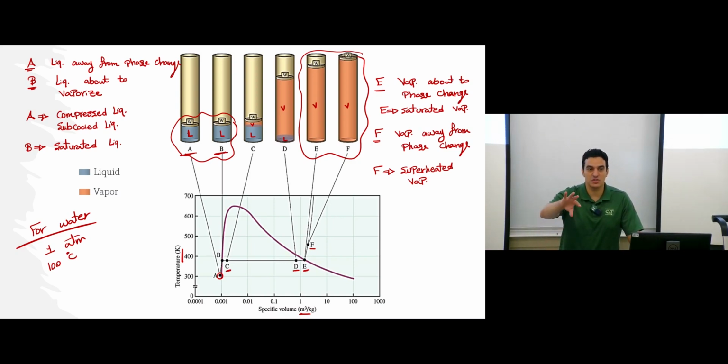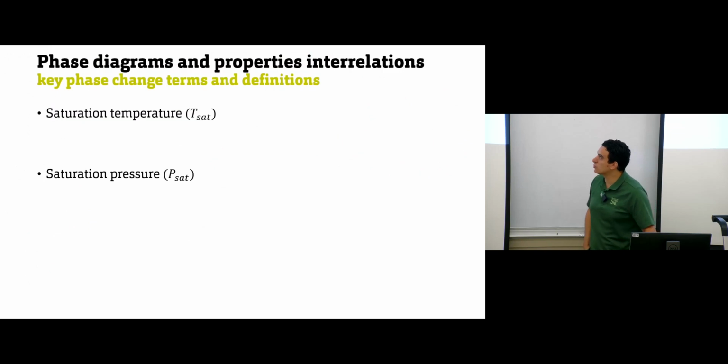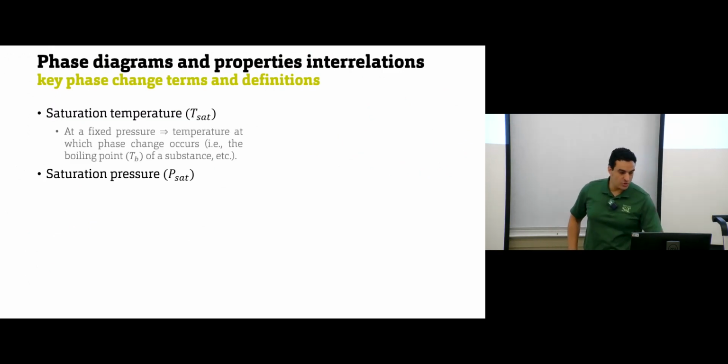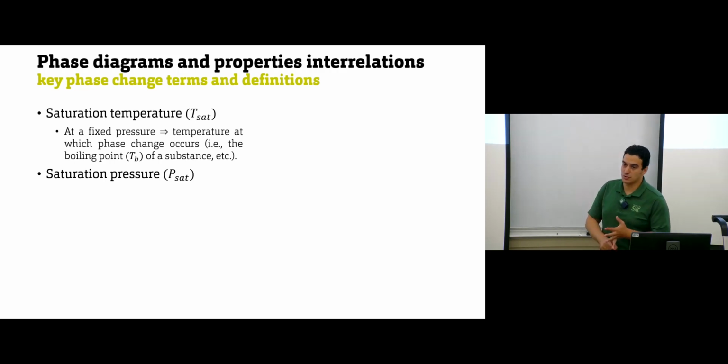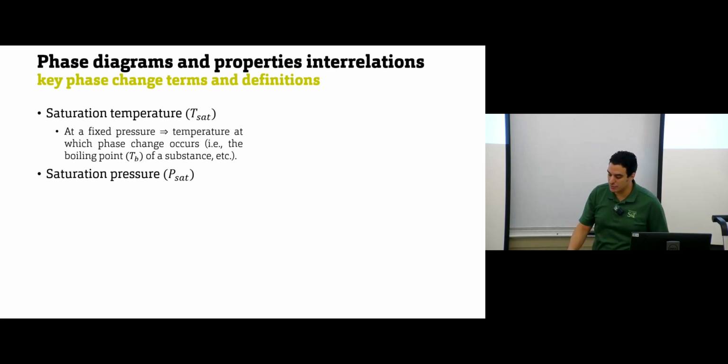Do you think the phase change will occur at 100 degrees Celsius or will this temperature change? This temperature will change. So this is also one of the key concepts here, which is called the saturation temperature and saturation pressure. Saturation temperature is the temperature at which phase change will occur at a certain pressure.